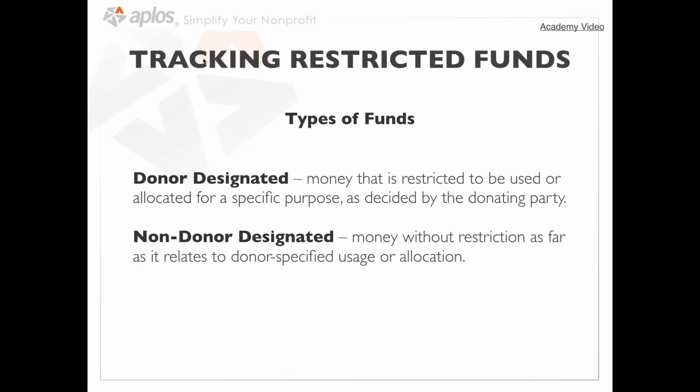So that would still be regarded as a non-donor designated fund, even though it is designated, if that makes sense. You're choosing to allocate the money that way, and you could equally decide to reallocate the money differently. So you have full authority over what happens with that designation, which again falls into the bucket of non-donor designated funds.